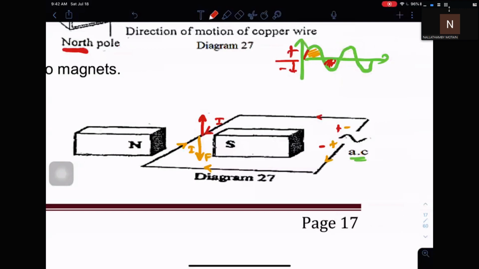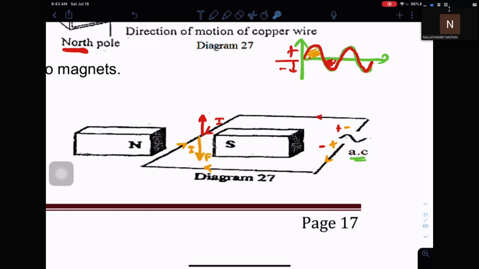So when the current keeps on flowing and changes its direction every half cycle, it will continue. All this you're going to study here. So this conductor will move down, up, up, and down.